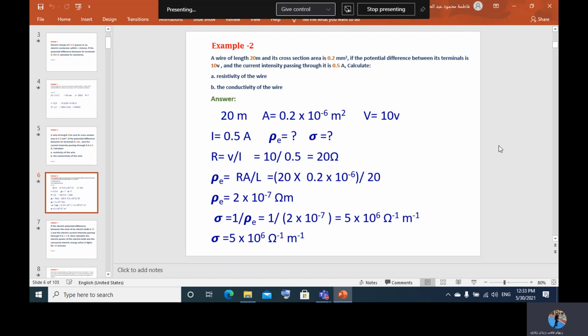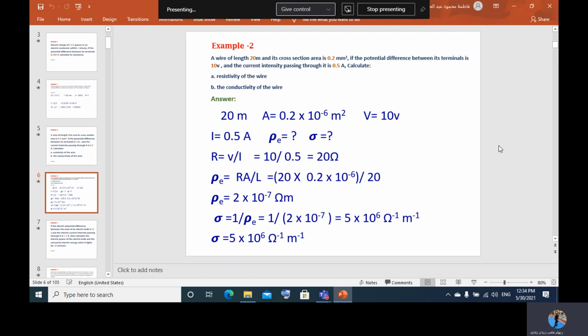Okay. So to calculate conductivity, I just put 1 over the resistivity value that I obtained, which is 2 times 10 to the power of -7. And the result, if I plug in the numbers, would be 5 times 10 to the power of 6 ohm^-1 meter^-1. We know that the conductivity is the reciprocal of resistivity.